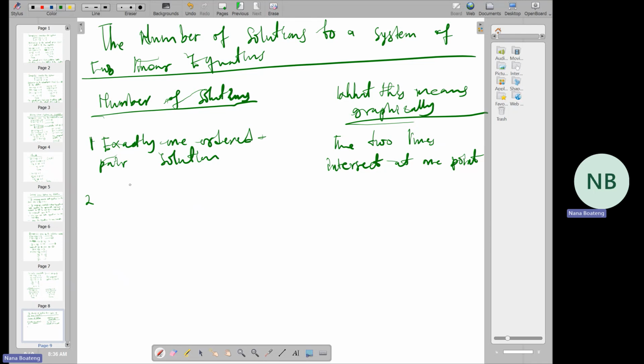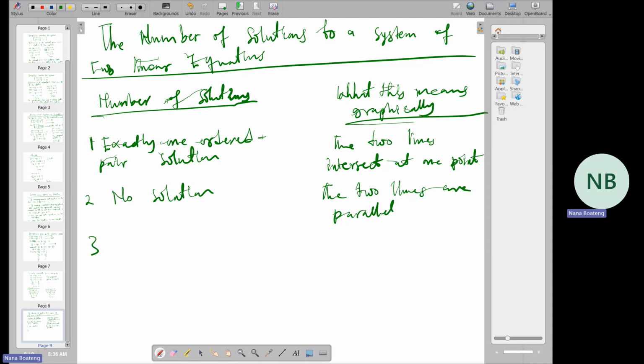It's also possible the linear system has no solution, and graphically, it means the two lines are parallel.